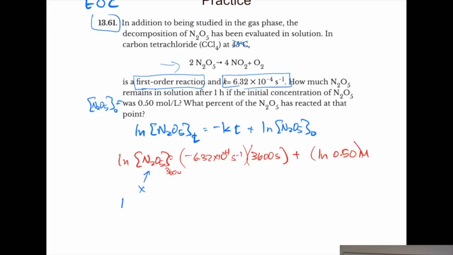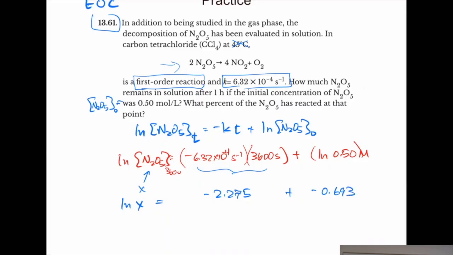So the log of x is equal to, now we have to get our calculators out and figure out what all that is. I did it already, and I didn't bring my calculator with me, so I just have to tell you what's in my notes. This is minus 2.275, and the natural log of 0.5 is negative 0.693.